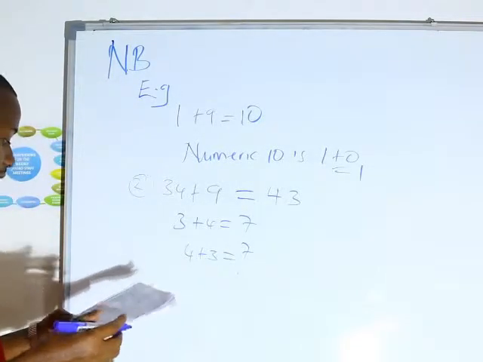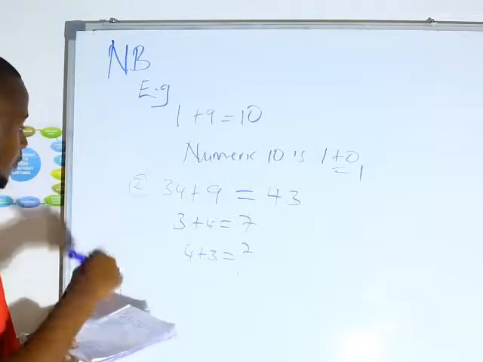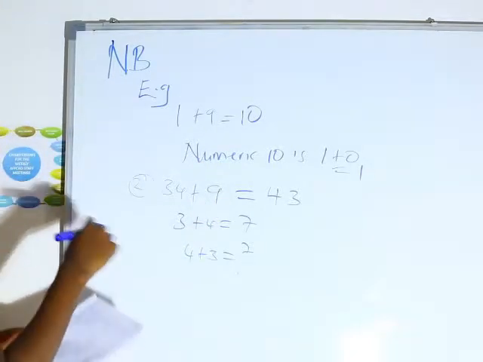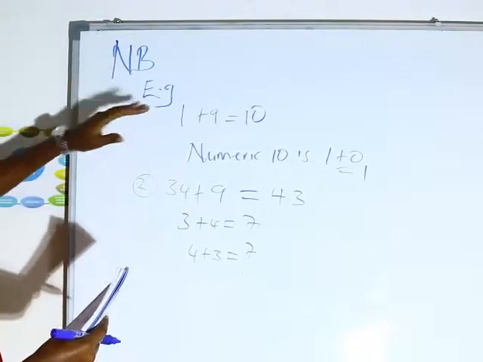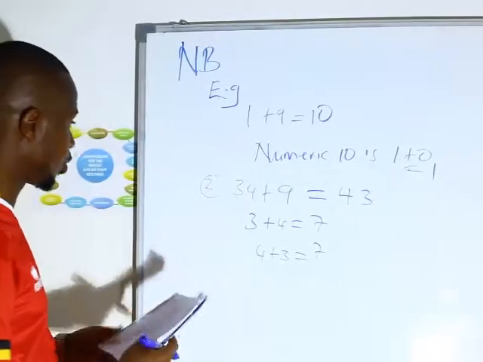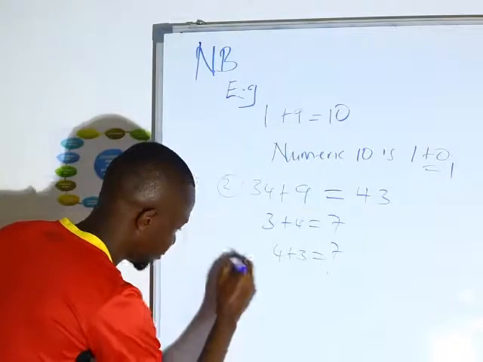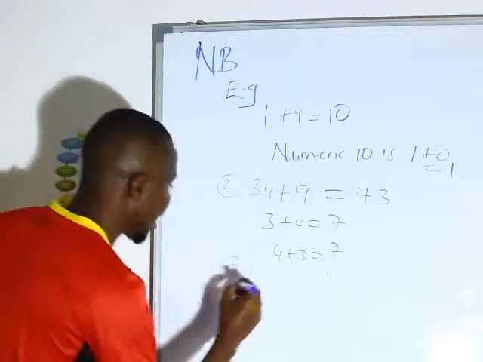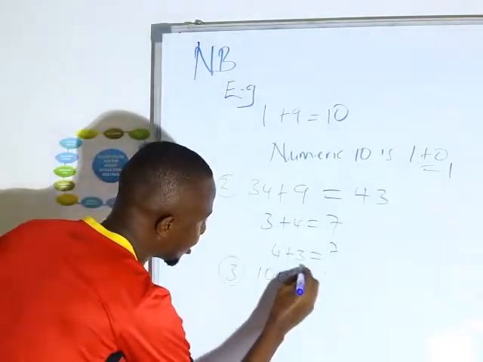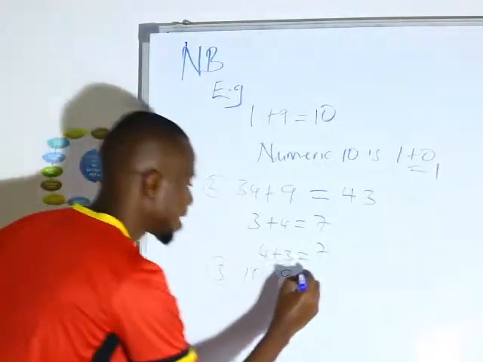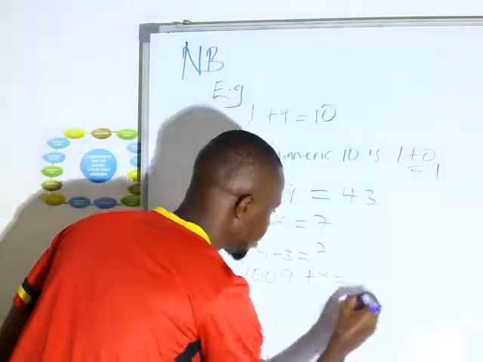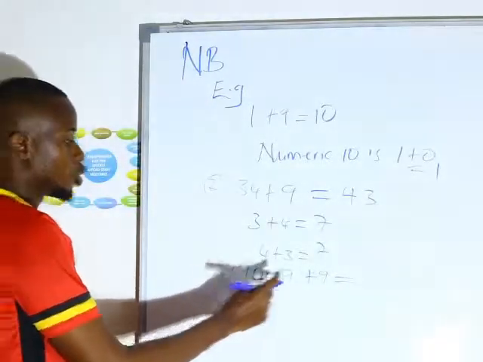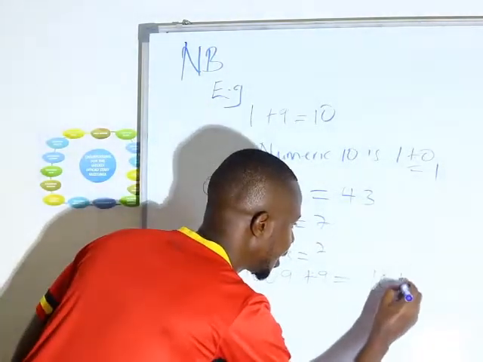So let's find the numeric sum of a big number. Let's add a certain number which is somewhat big to 9 and we see if it works in all numbers. Let's add 1009 plus 9. This equals 1018.